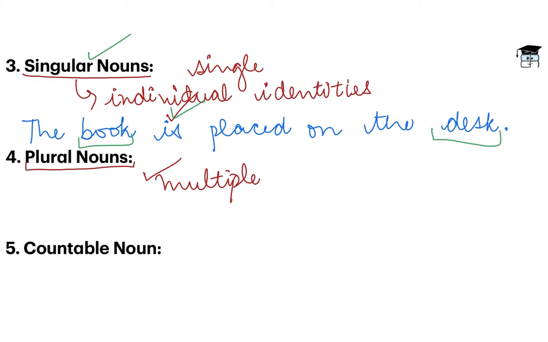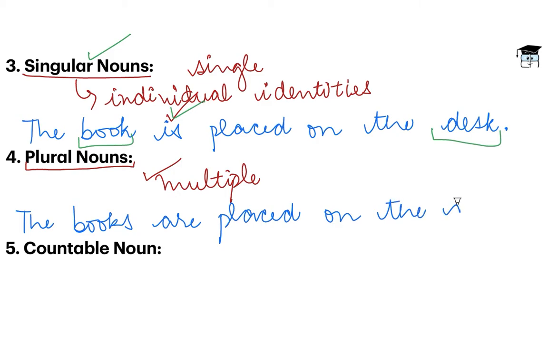An example of such noun would be the books are placed on the desks. Now in this statement, it is quite clear that the words books and desks are what? They are multiple identities. They are plural nouns. Right. Moving on to the next category is countable nouns.